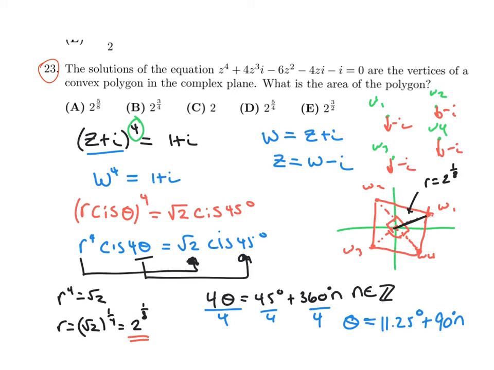And from here I know that that would be 2 of those. So this whole distance is 2 times 2 to the 1/8, and that'll allow me to get a side because that's a right angle, and the side times root 2 is supposed to be 2 times 2 to the 1/8. So I'm running out of room. I'm going to go in the next slide to finish this off.